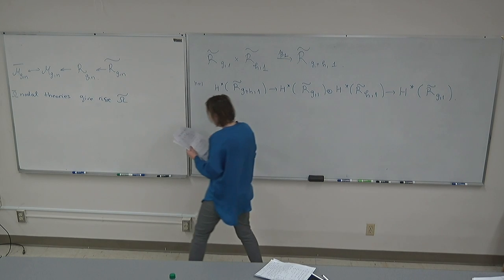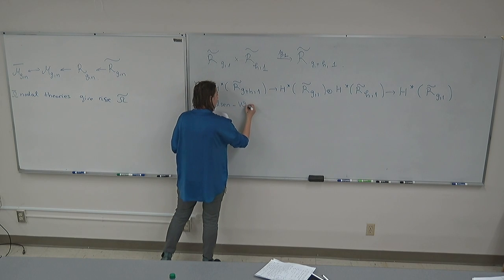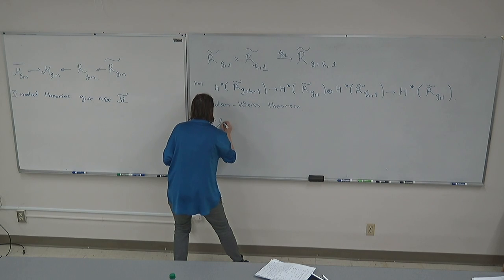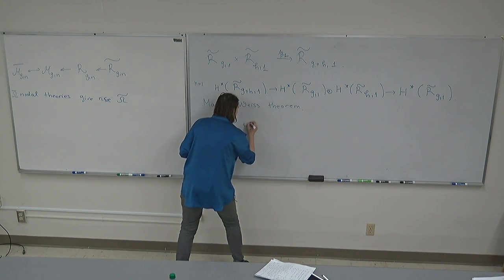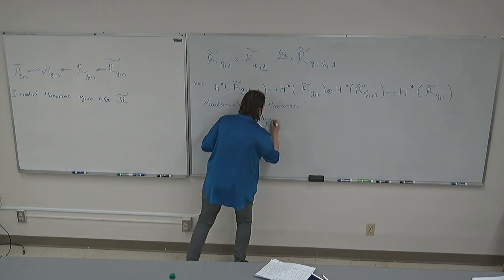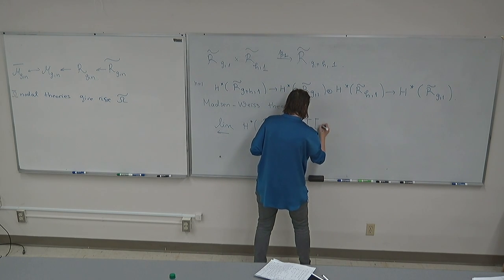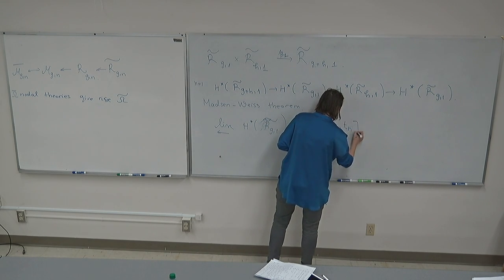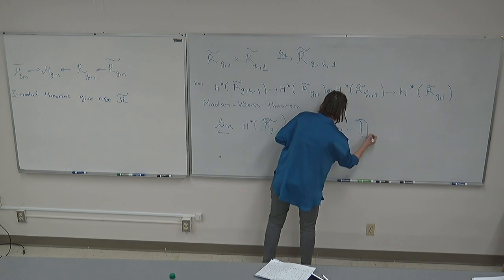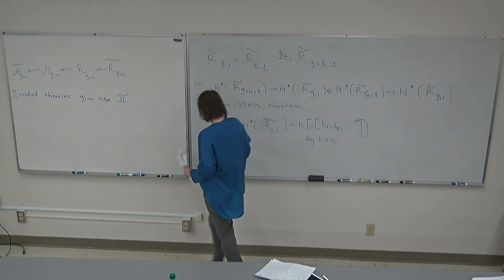Okay, and the Madsen-Weiss theorem tells us that the limit when the genus goes to infinity is just given by kappa classes. This is the series T1, T2, and so on. But these actually have degree 2i. So these are kappa classes.